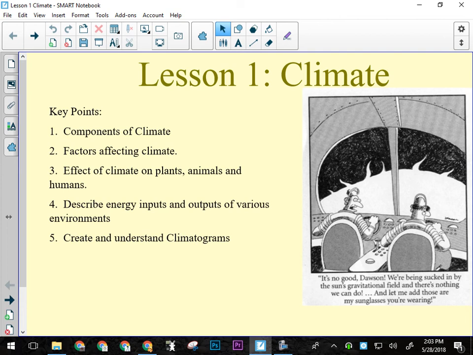So we have the warmest climates there. As you go away from the equator, the climates get cooler, because we receive less energy. We're going to look at that relationship today, and tomorrow we'll go over the interrelationships in a little more detail.